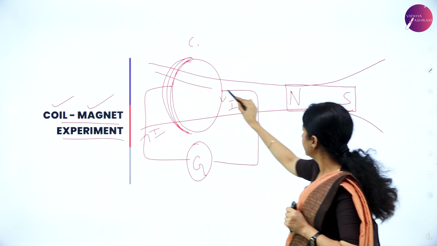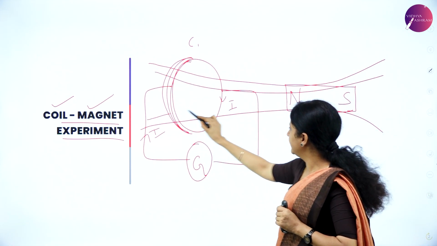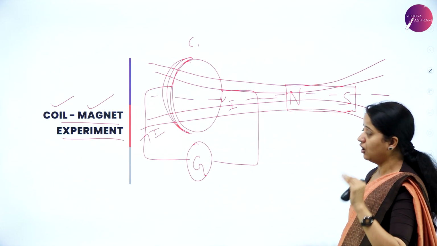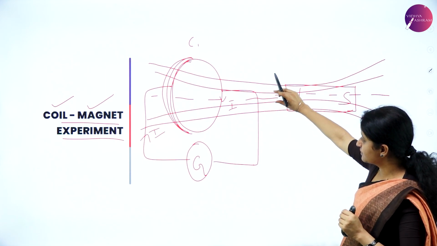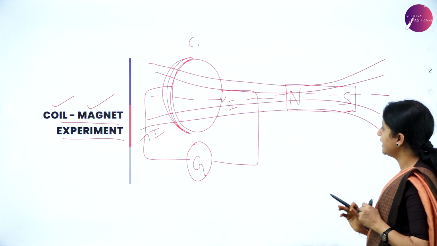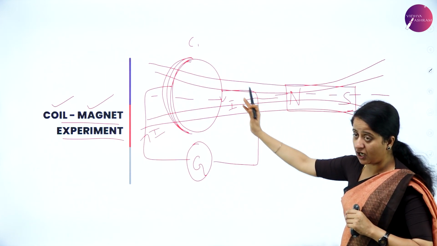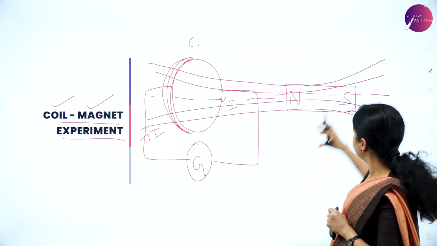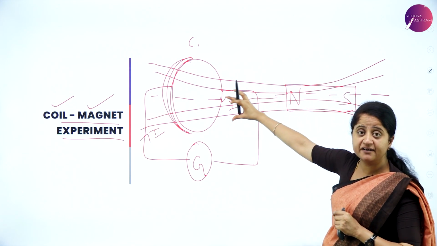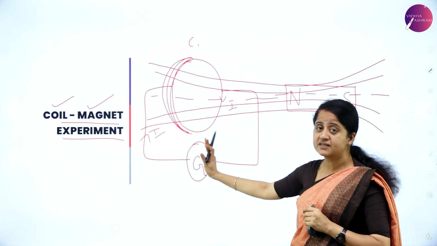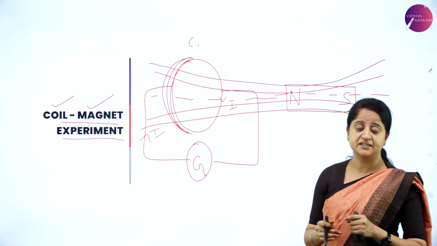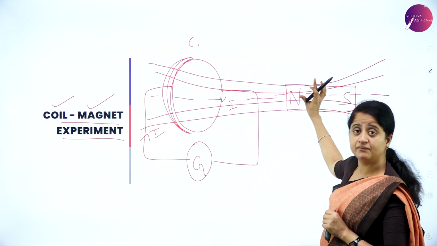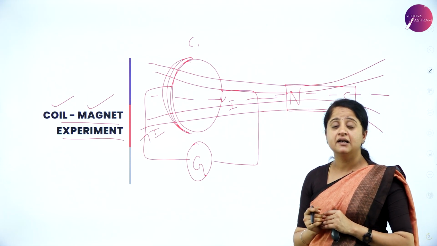We know that when the magnetic field is denser, which means the intensity of the magnetic field is more in this region, he observed that when the magnet is brought near the coil, the galvanometer shows a deflection. So, whenever the coil and the magnet are in relative motion, there was a deflection in the galvanometer. And the deflection remains only when the coil and the magnet are in relative motion.